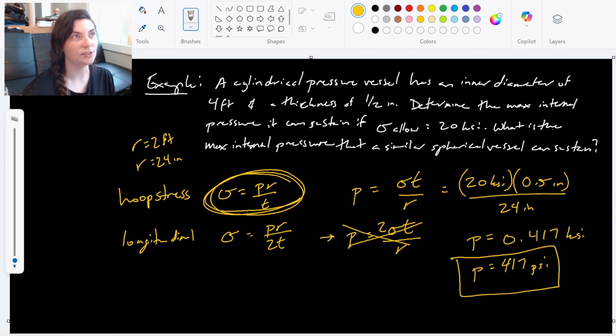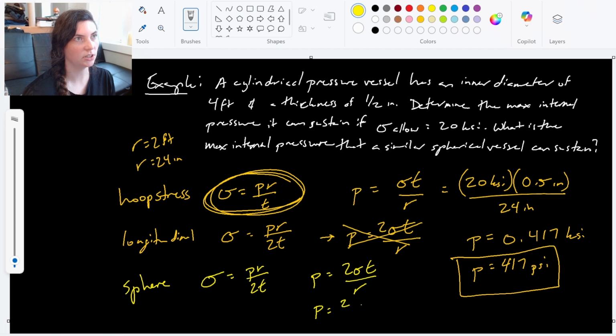But our second question here is, what's the max internal pressure for a similar spherical vessel? Now for a sphere, that also uses our PR over 2T equation. So we know pressure is 2 sigma T over R. If we solve for this pressure using the same values, 20 ksi, thickness of 1/2 inch, same radius, 24 inches, just assuming that it was a sphere instead of a cylinder, we would get double this value.